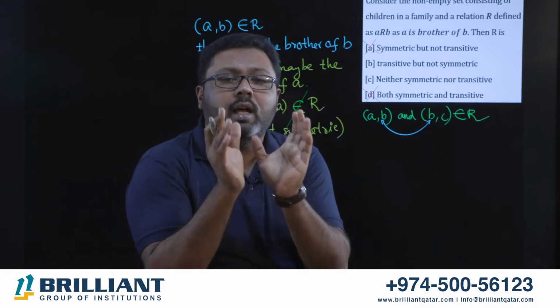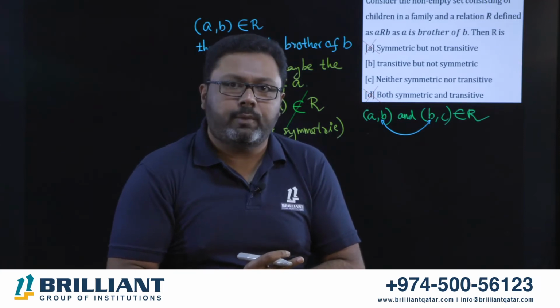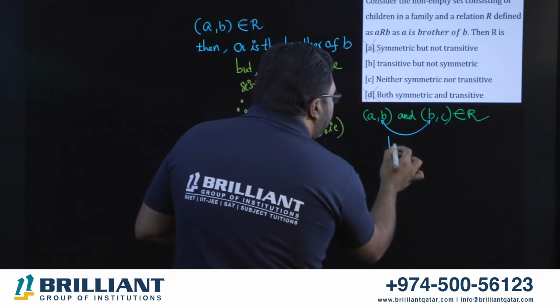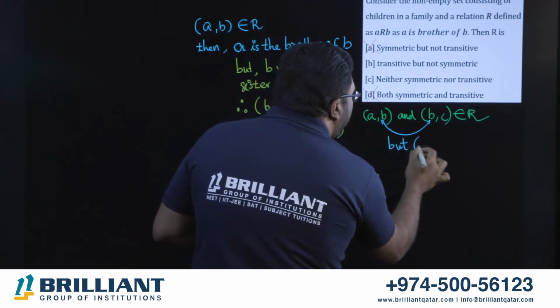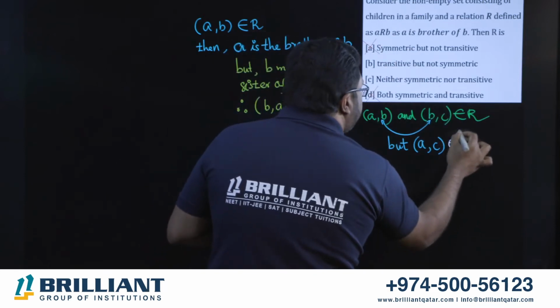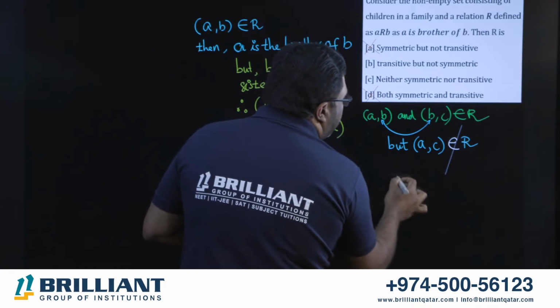Only these kinds of pairs are used for transitivity of a relation. If I have a pair AB and a BC, but I do not have a pair AC, then I would say that my relation R is not transitive.